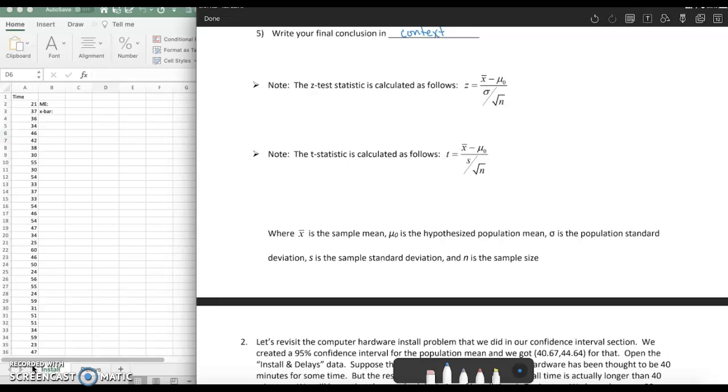For the z, we divide by the quantity sigma over the square root of n, because we know the population standard deviation. Whereas for the t statistic, we divide by the quantity s, the sample standard deviation, divided by the square root of n. So we have to do that part for ourselves.